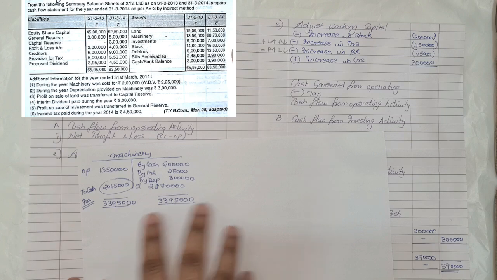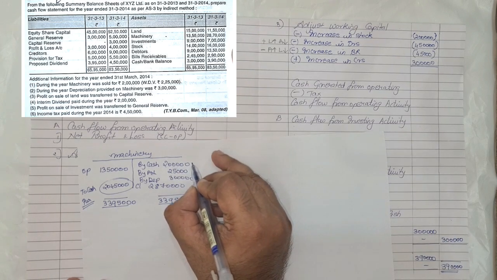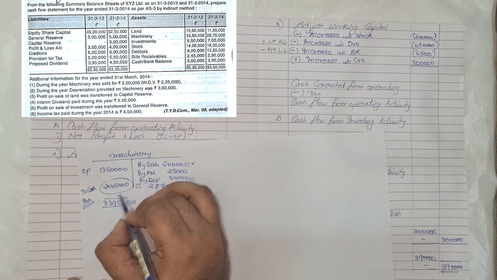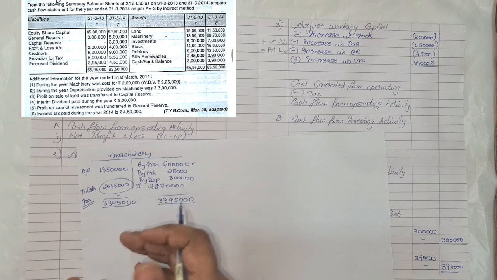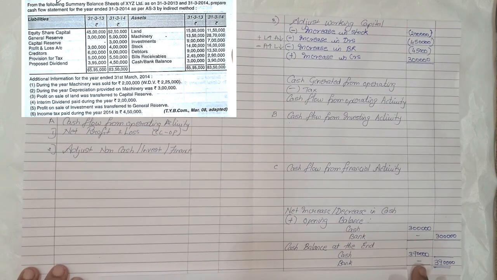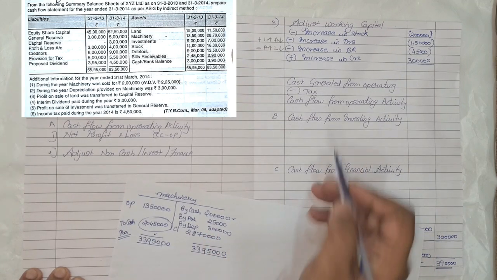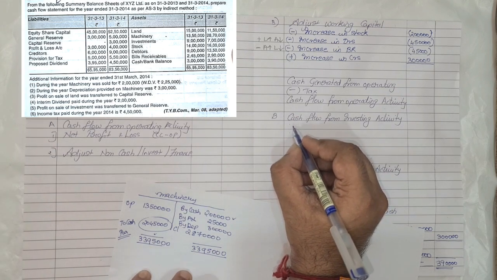Now let us see how we post all those things in our cash flow. 2 lakh ka asset we have sold, machinery we have sold, and 20 lakh 45,000 ka asset we have purchased. So there is a sale of machinery, there is a purchase of machinery. First we will note down that particular adjustment. So machinery is an investing activity. Okay, so I'll write here sale of machinery. Whenever you sell, you get money.